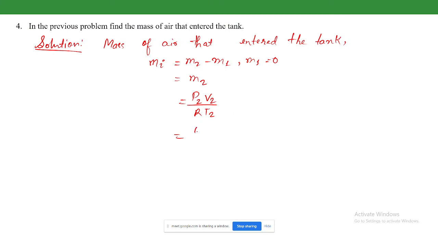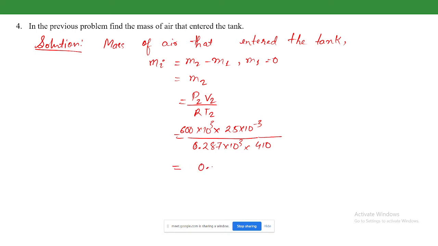So let us put these values: 600 kPa multiplied by 25 times 10 to the power minus 3, divided by R, which is 0.287, times 410 Kelvin. The kilo in kilojoule and the kilopascal cancel, so the factors of 10 to the power 3 cancel.